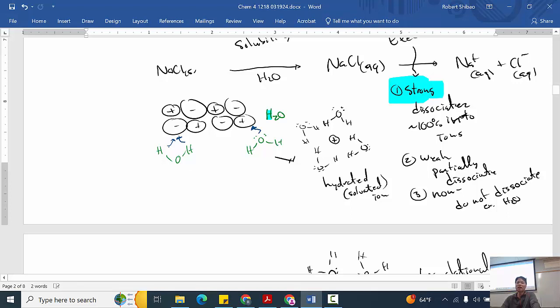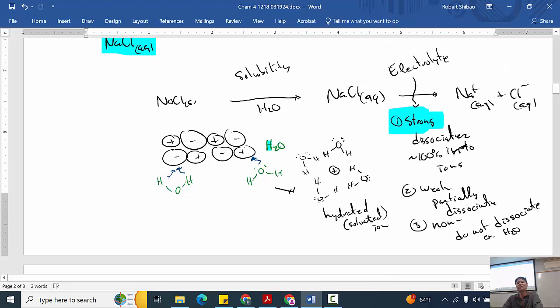This process of dissolving is called dissolution. And when we dissolve something, it could result in three possible scenarios. One, a little bit has to dissolve or a lot has to dissolve. That's solubility.